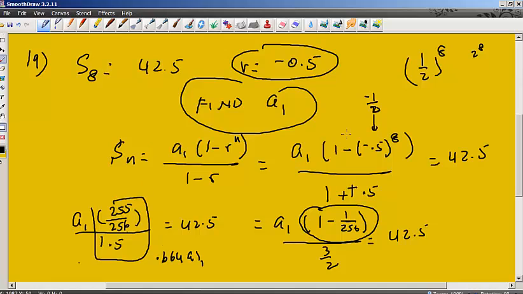3 decimal places is fine. So, I'm assuming that is correct. That's what I have. So what's my last step? Divide by 0.664. So a sub 1 is equal to 42.5 over 0.664.